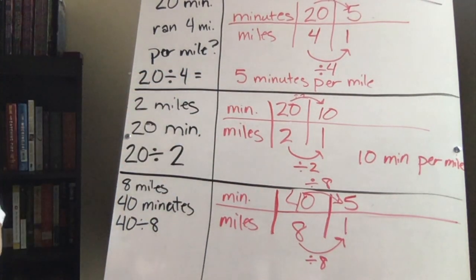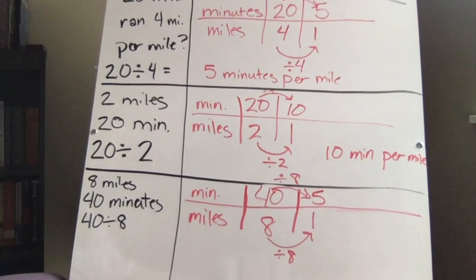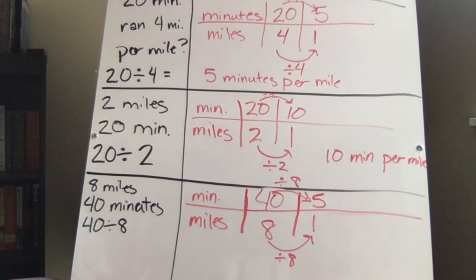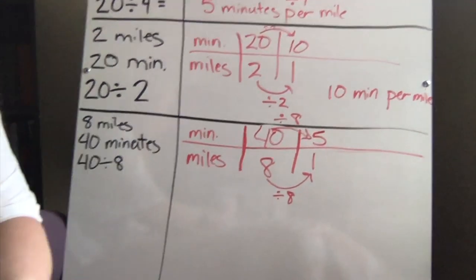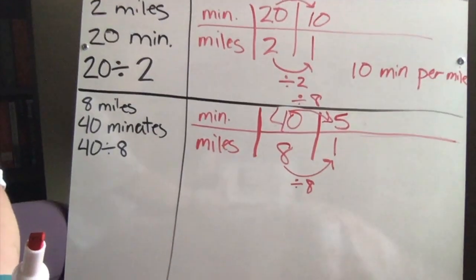I'm going to give you one more problem to solve, and then I want you to try and do your worksheet on your own. So since we're working with a problem string, I'll go down a little bit further.